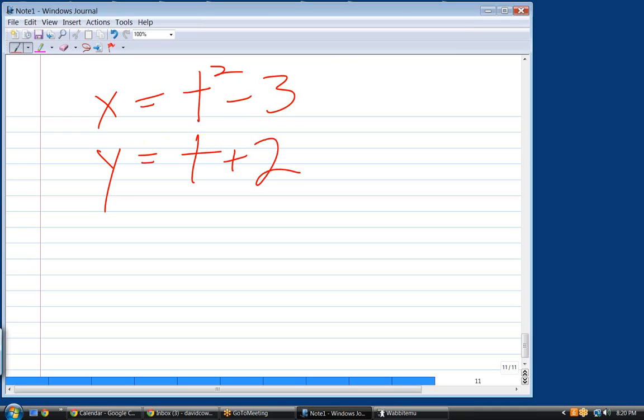Okay. What's the easiest one to solve for t? The y. So that'd be y minus 2 equals t.